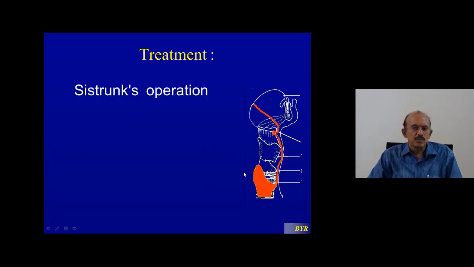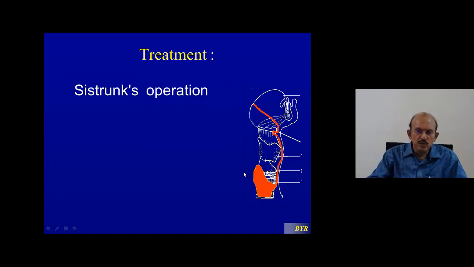So what is your treatment? Very good. Your treatment should be removal of the cyst along with the whole tract. Okay, along with the whole tract, that is all right.